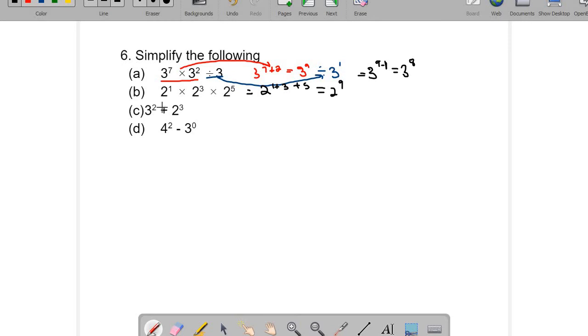Okay, next one. For this question, this one is tricky. You may or may not have assumed that we can use one of the laws of indices for this question. However, we can't. That is because we are adding these numbers.